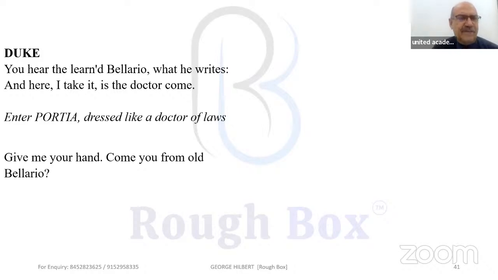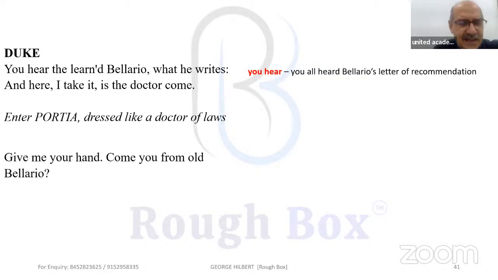Now the Duke turns to the court and tells everyone, you hear what the learned Bellario said? You all heard what Bellario had to write in his letter? And just at that time, Portia walks in, disguised as a judge. And when the Duke sees her, he says, and here I take it is the doctor come. This, according to me, is the judge who has just arrived.